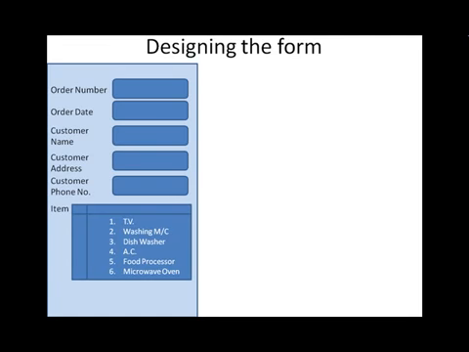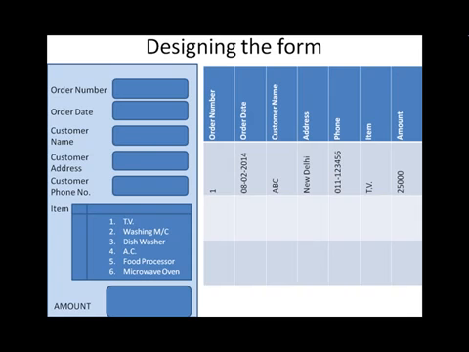It should have a drop down from where I can choose an item, and it should have a place to enter the amount based on the item chosen. The data on this application needs to be stored in a persisted way in a database, and we know that the data is stored in a database in the form of tables. So the table that will hold this data would look something like this.